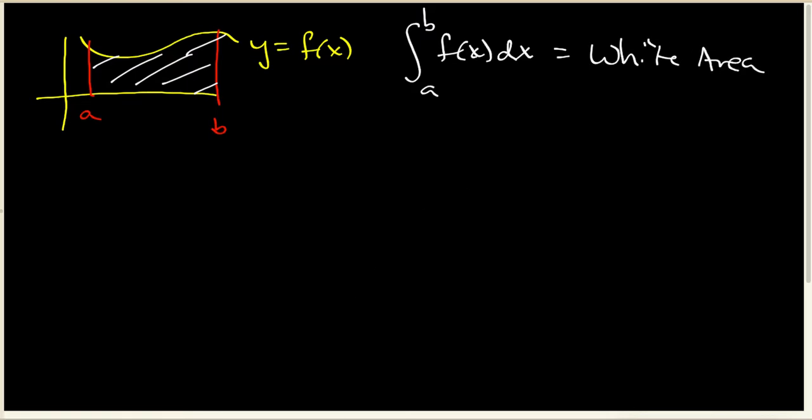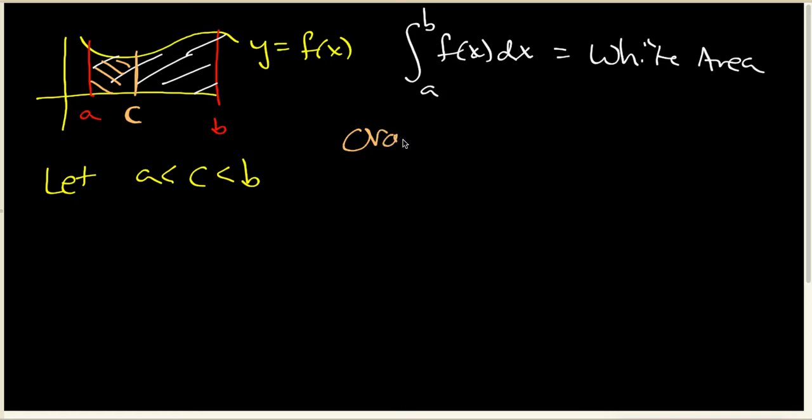Now I want to let c be any number that is between a and b. What that means is that I have a line here that corresponds to x is equal to c. And this line subdivides the white area into two regions. One that I'm going to shade in this kind of an orange color.